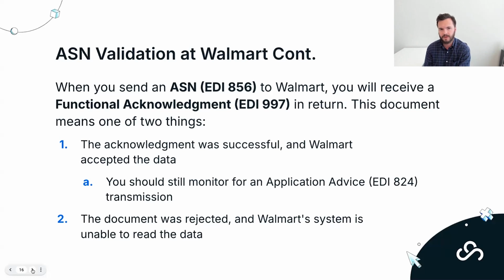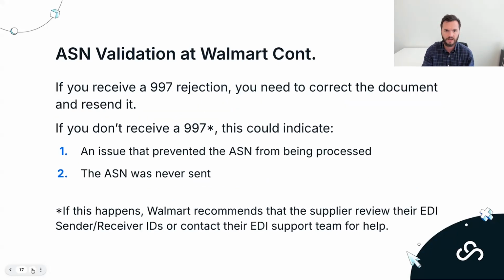Maybe there was a mistake, maybe the wrong kind of document was used, but for the most part, this probably means you want to check with your EDI provider. Your EDI provider will probably be able to at least point you in the right direction if something is going wrong. So those are the two functions of a 997. That's what it's there for. So you should correct the document and resend it.